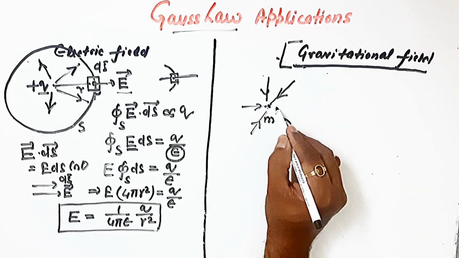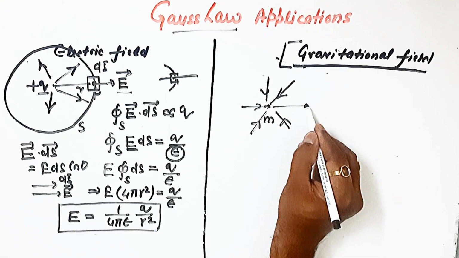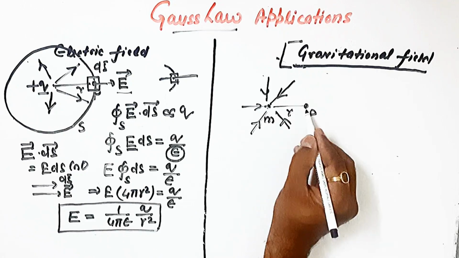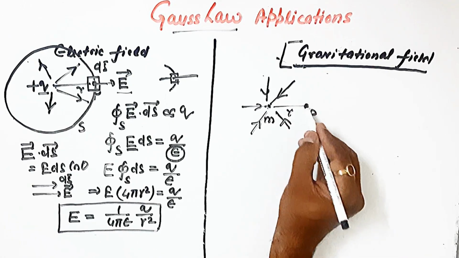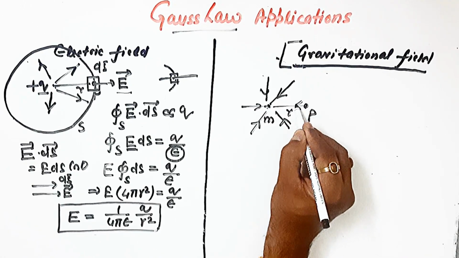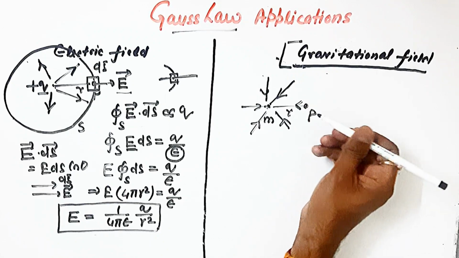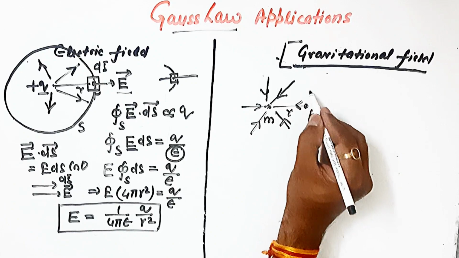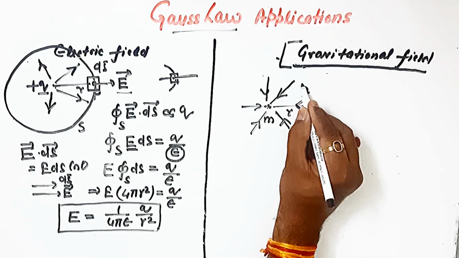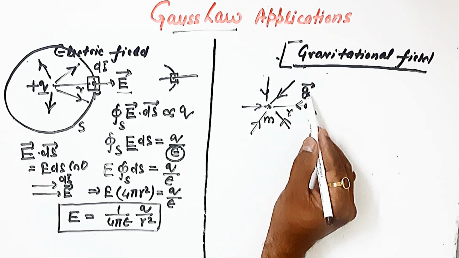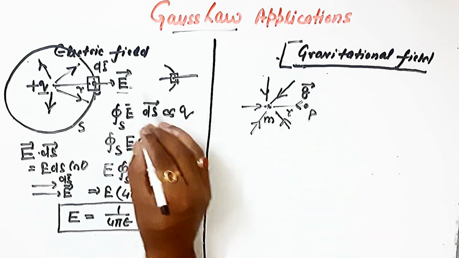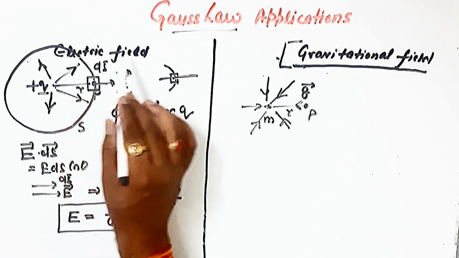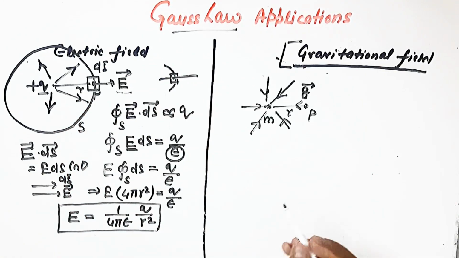We have to calculate the gravitational field intensity at a point P, r distance away from this mass. So here the gravitational field intensity will act in radial direction towards the mass, and this field is nothing but acceleration due to gravity. So here acceleration due to gravity is equivalent to electric field intensity in case of electrostatic field.